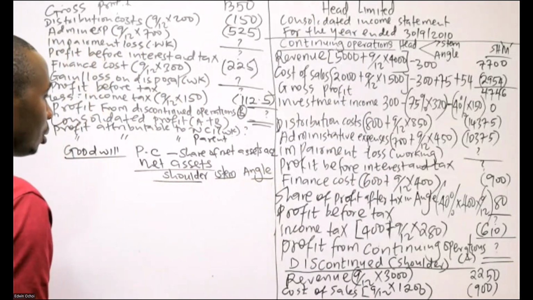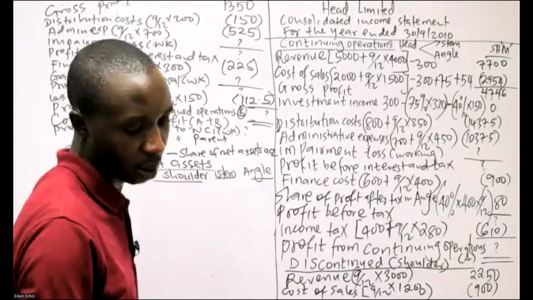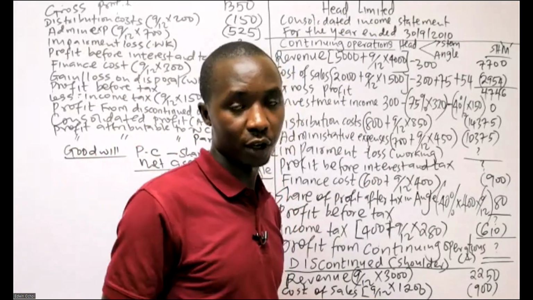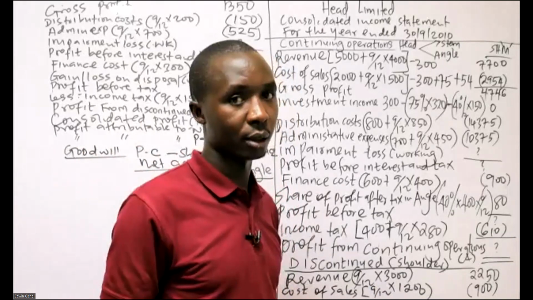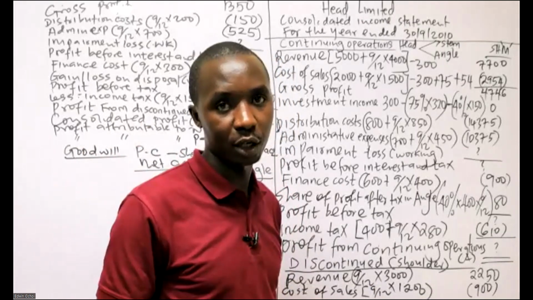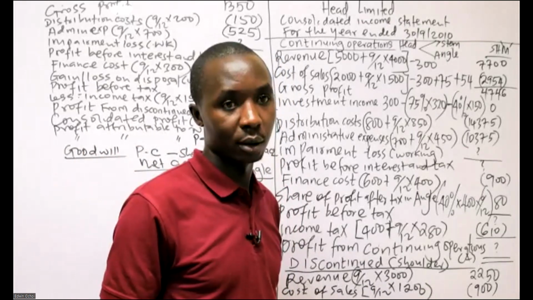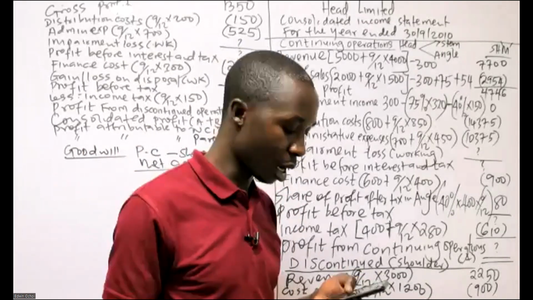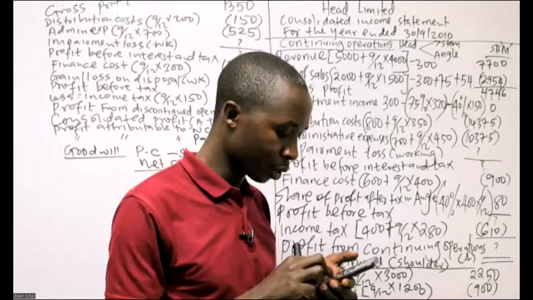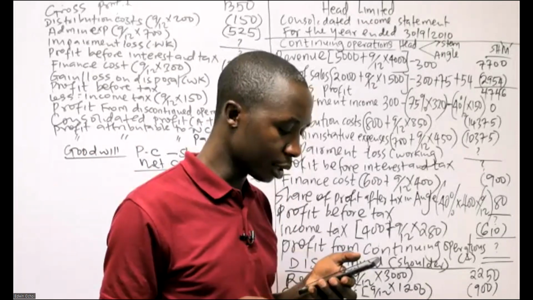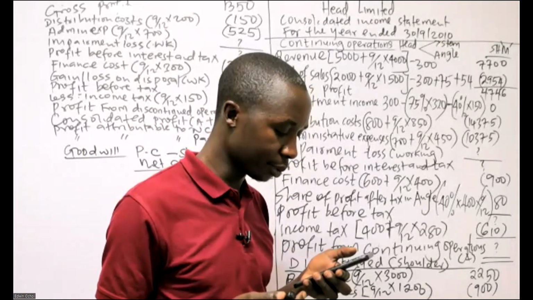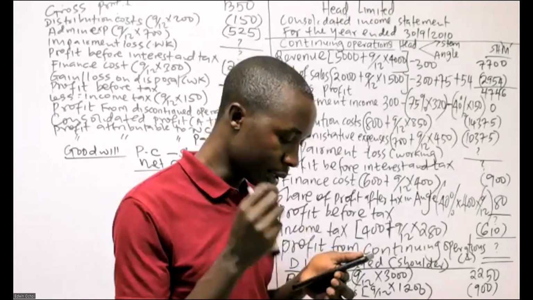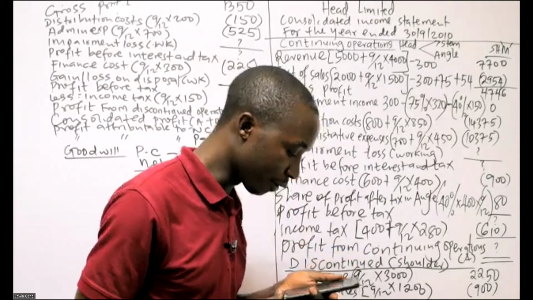You know that net assets, you always get them from where? From the statement of financial position under the equity part. But this question doesn't have a statement of financial position, but it has additional information which I will check to determine those net assets. Note 1: Head Limited acquired shareholding in Shoulder at a cost of 2,200 when retained earnings of Shoulder were 500.